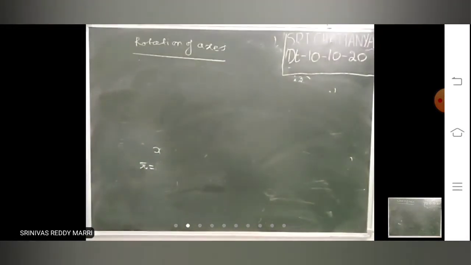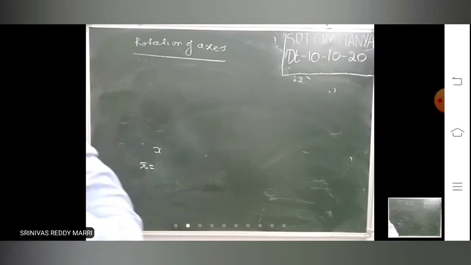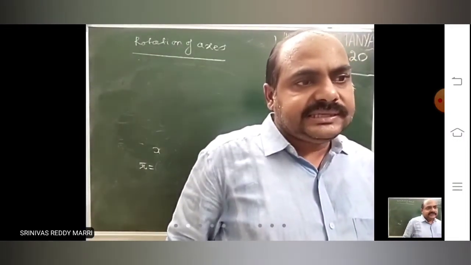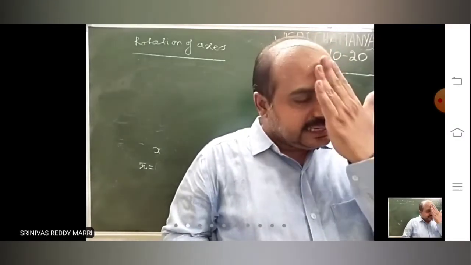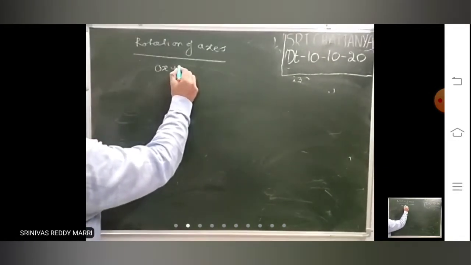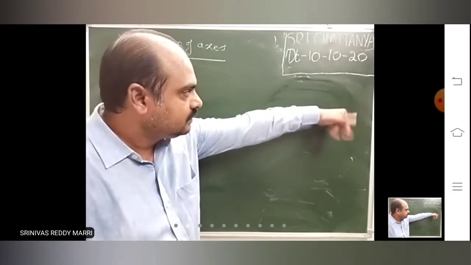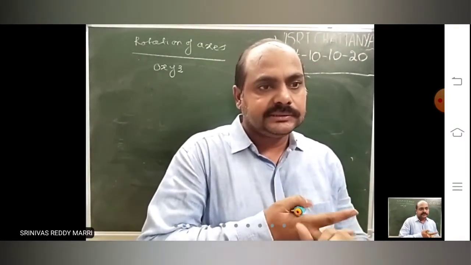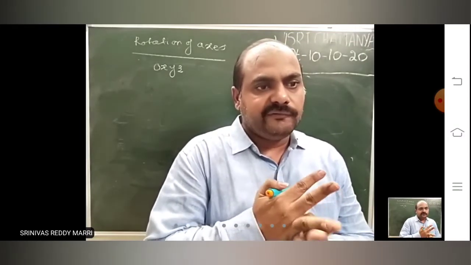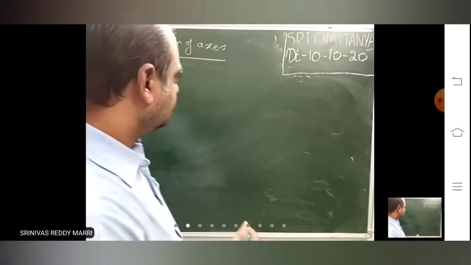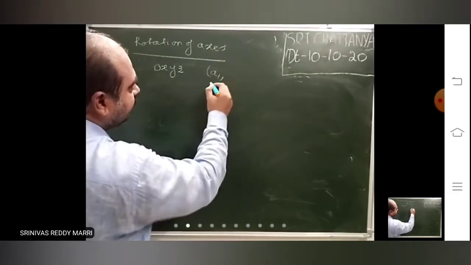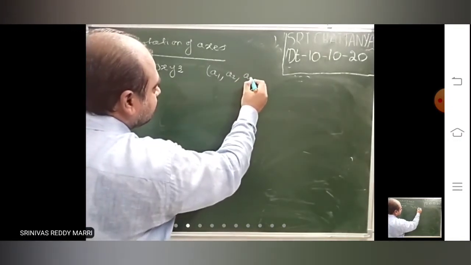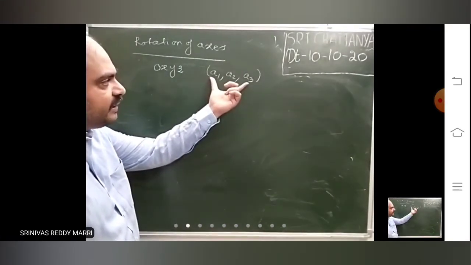In the Cartesian coordinate system OXYZ, that means the standard coordinate system, referred to standard axes, the components of a vector r bar are a1, a2, a3. There is a vector r bar whose components are these.